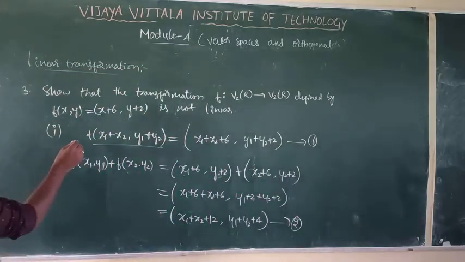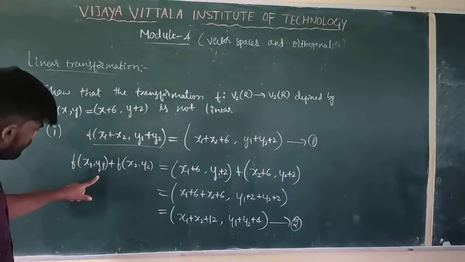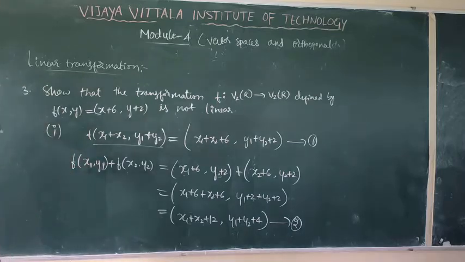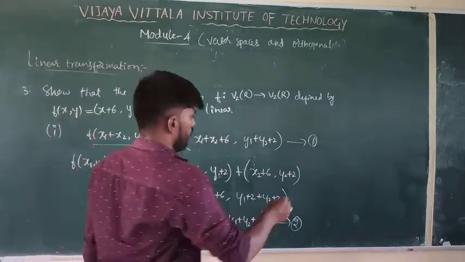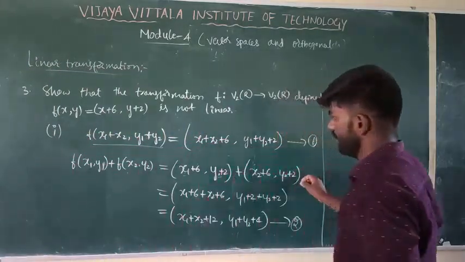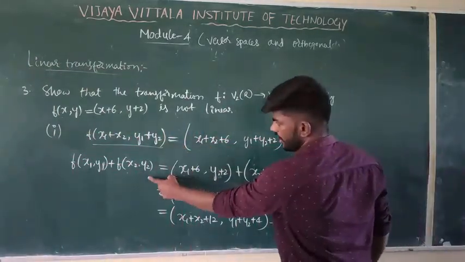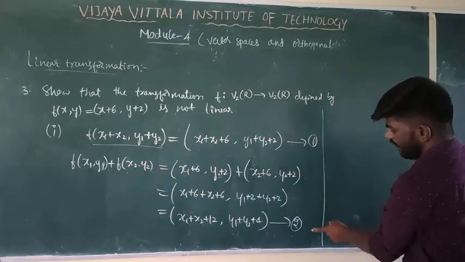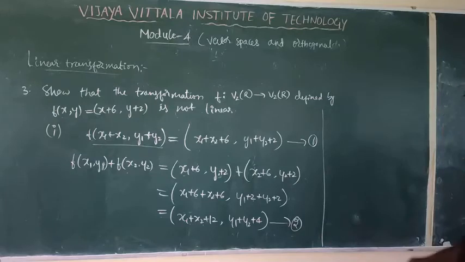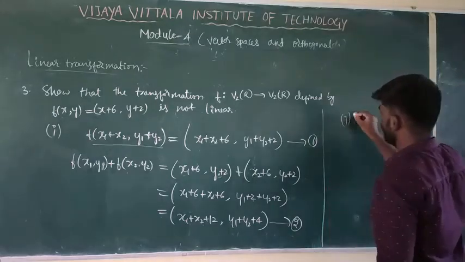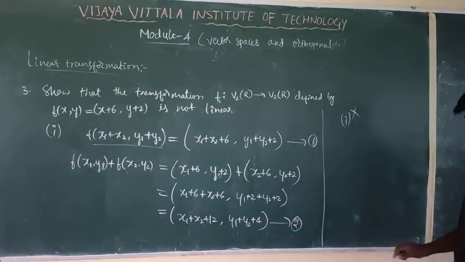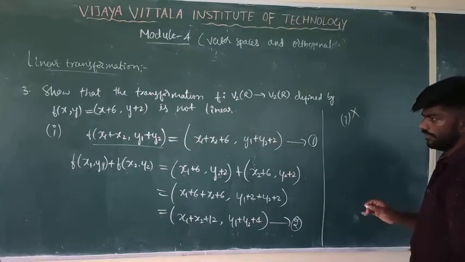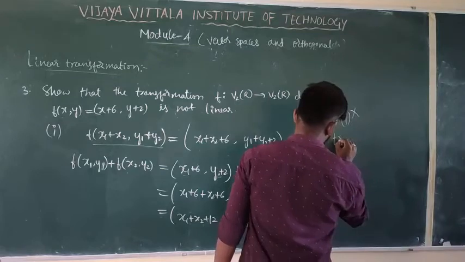This is the LHS of the condition, equation 1, and this is the RHS of condition 1, equation 2. If this is LHS and that is RHS, these both should be equal. But here equation 1 and 2 are not equal. Therefore, condition 1 is not satisfied.